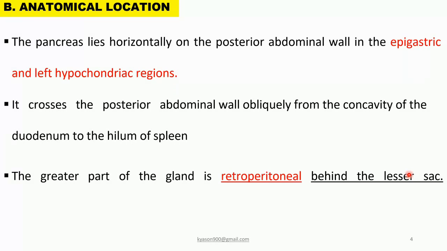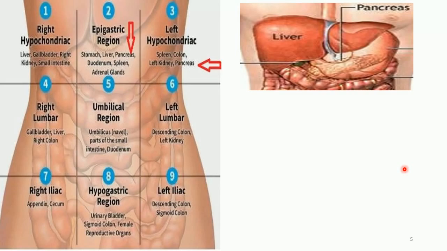The lesser sac, last time we said it can also be called, yes, anyone to tell us? The lesser sac can also be referred to as? The omental bursa, okay.